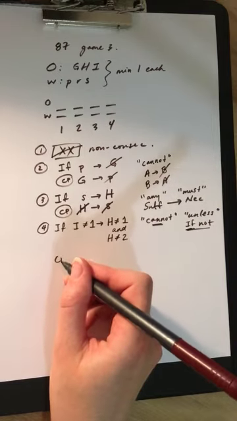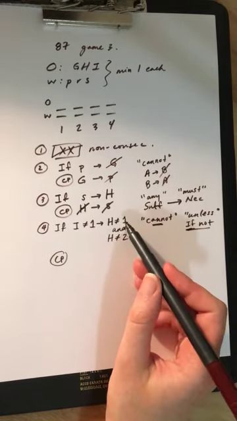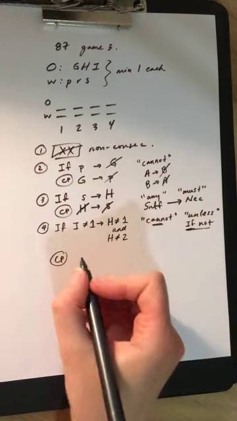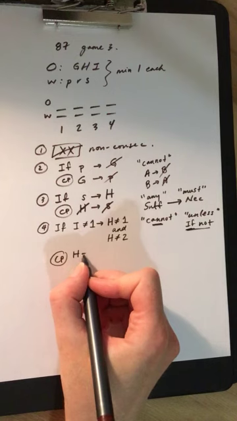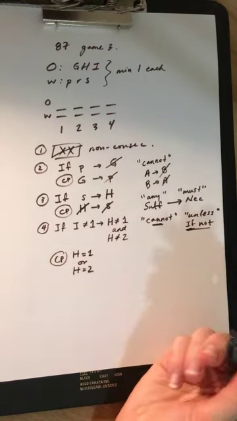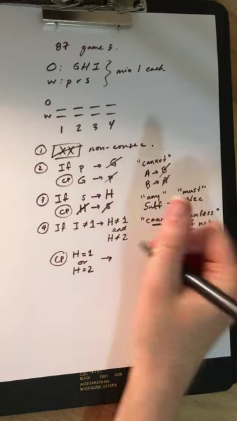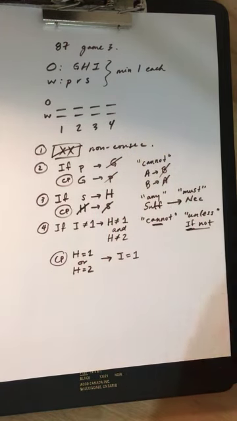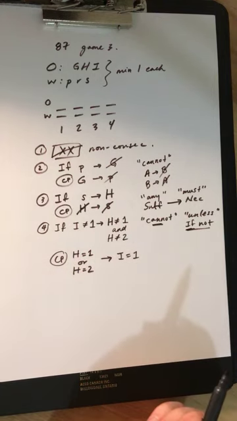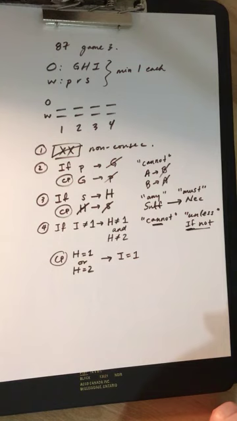And then the contrapositive, we're going to have to negate every element of this condition. So if H is first or H is second, then I is first. We do have an issue here though. If H is first, then I is first is basically nonsensical in the context of this game.